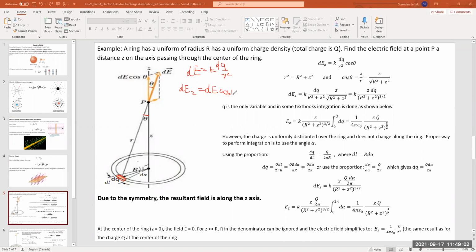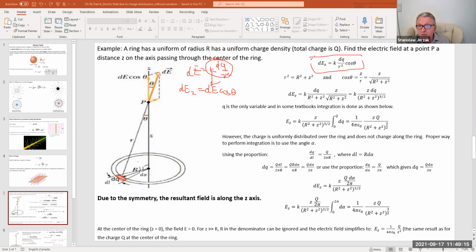Because that Z component is adjacent to that angle. And then I substituted for dE, and I got this expression. So this is my starting point: just one tiny chunk of the ring produces an electric field along the z-axis given by this expression. I hope I did answer your question.